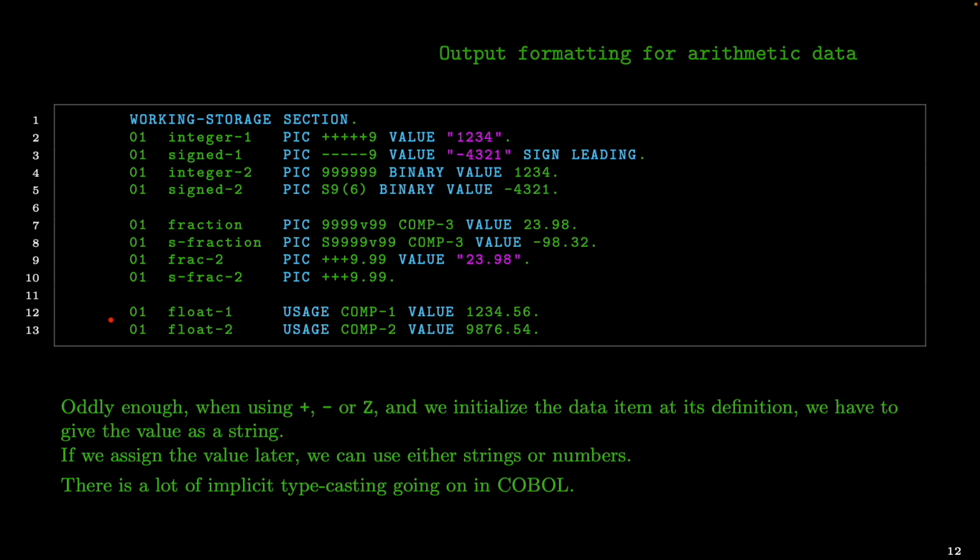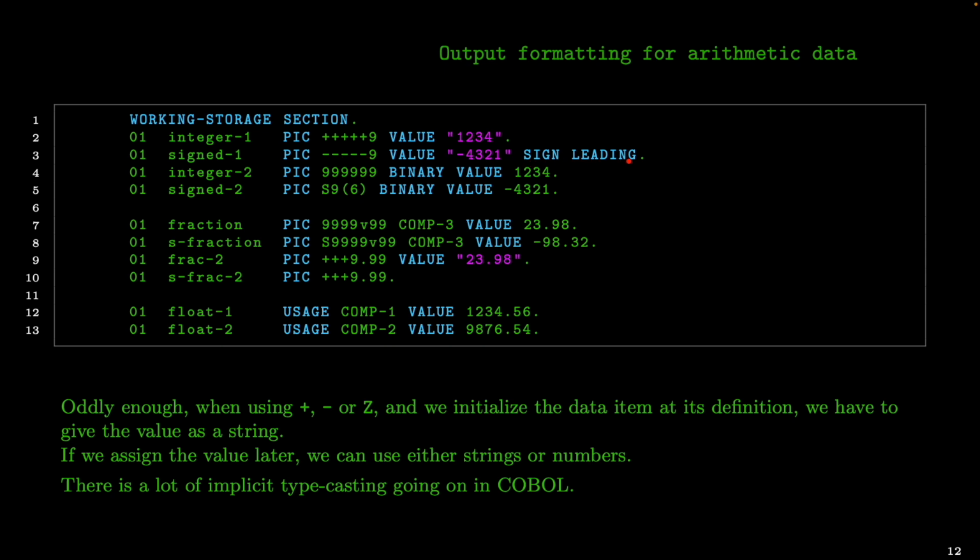So now we only have numbers in our example, and we want to see how COBOL handles that. So here we have again integer 1, and now as I said before, we need to have at least one symbol 9, but all the other decimal digits are indicated by a plus here, and for the signed 1 by a minus.